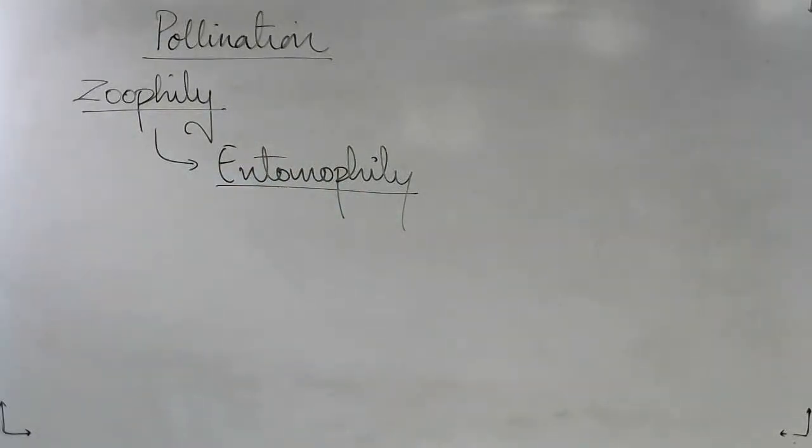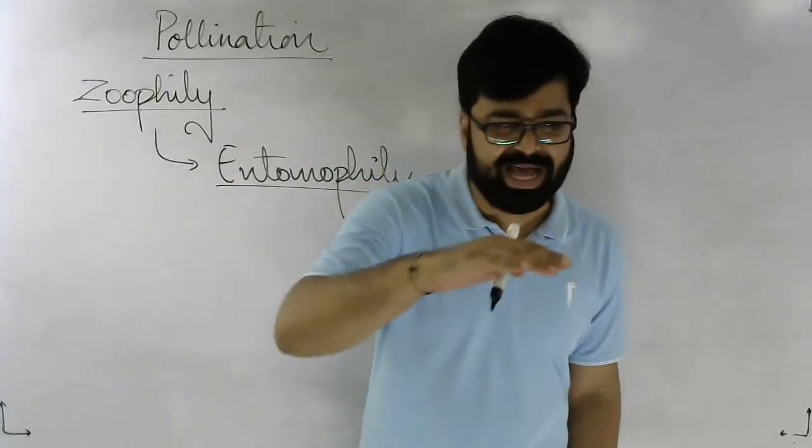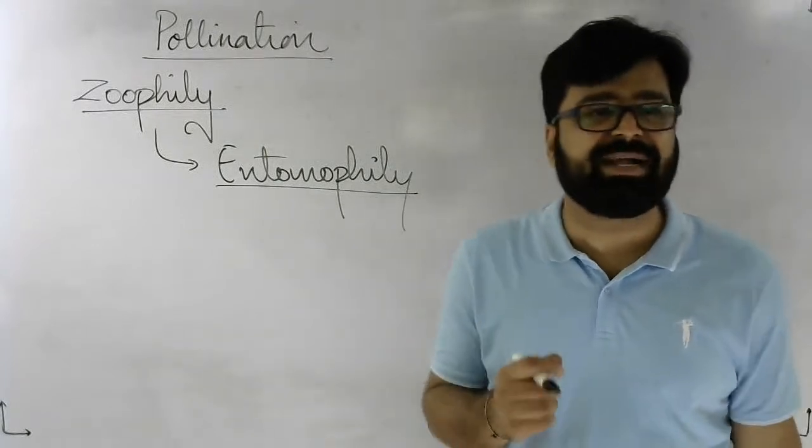Okay, so what I was telling you, yes, they are brightly colored, they must produce nectar, and they have a landing platform for insects. Definitely an insect will fly and then land on the flower, so they should have a landing platform.